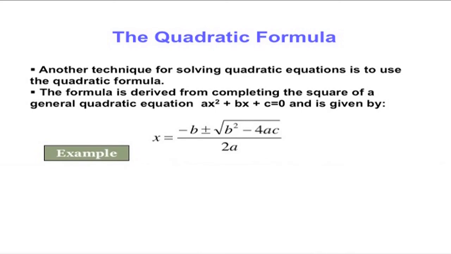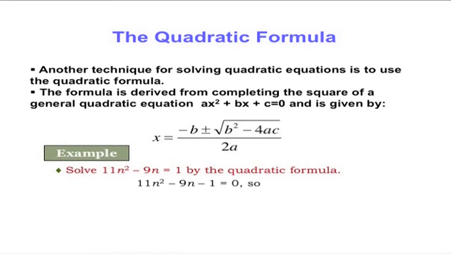Take an example. Solve 11n square minus 9n equal to 1 by the quadratic formula. The equation 11n square minus 9n equal to 1 gives us 11n square minus 9n minus 1 equal to 0.